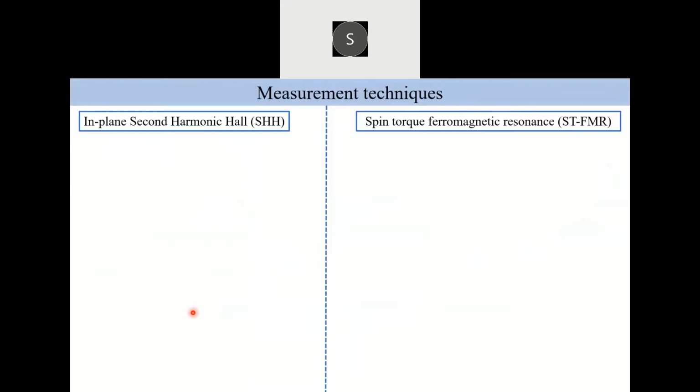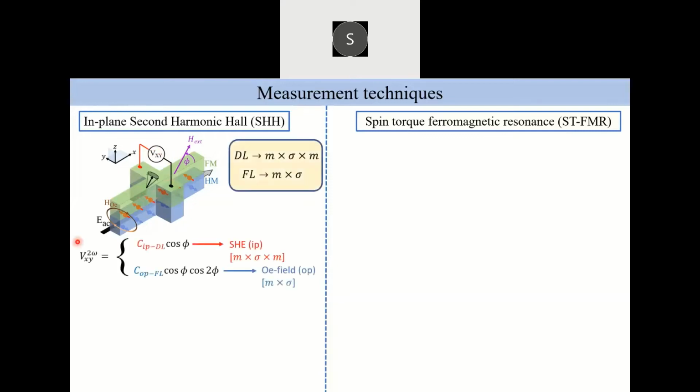Coming to the measurement technique, in the case of in-plane second harmonic measurement, we pass a small AC current in a heavy metal ferromagnet bilayer and we sweep the field in the in-plane direction. Now, the damping-like torque is proportional to the cos phi term, and the coefficient corresponding to cos 2 phi corresponds to the field-like term.